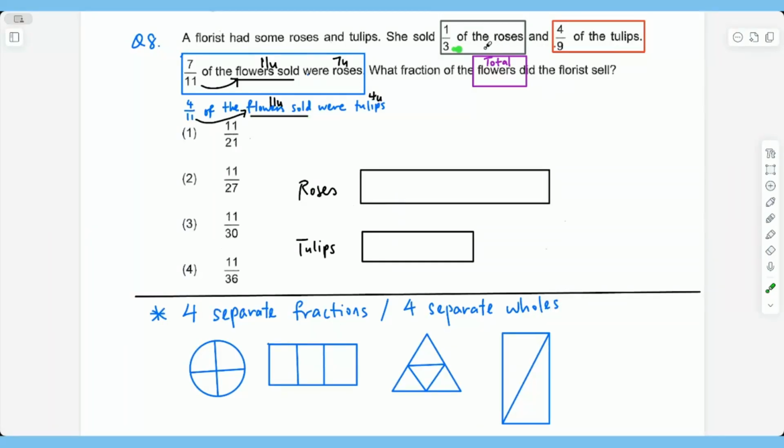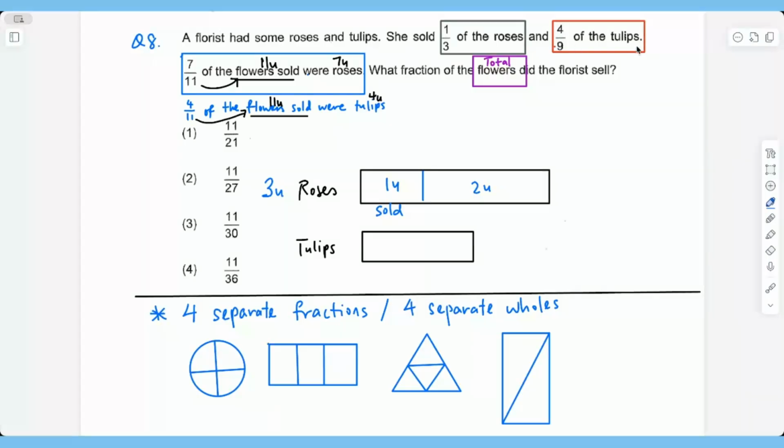Let's start off with this fraction for roses. 1/3 of the roses were sowed. There are 3 units for roses, and 1/3, which is 1 unit of the roses, were sowed, and 2 units were left.